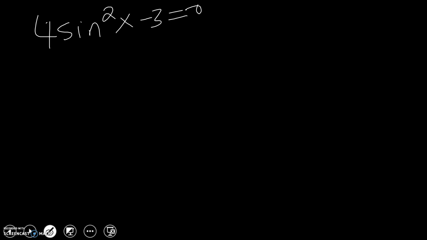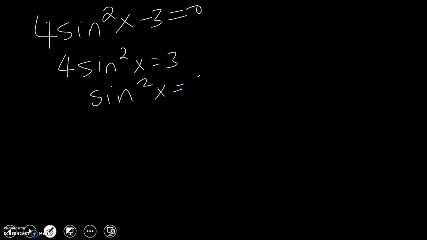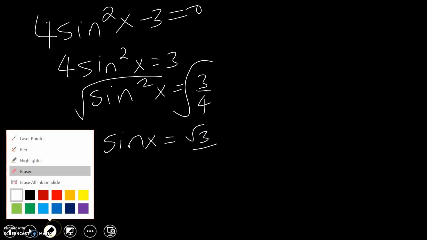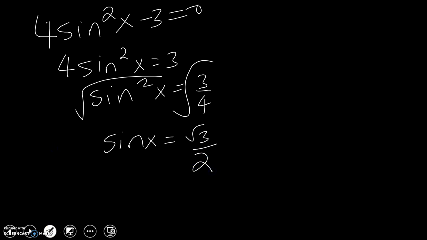Alright, so the first thing we need to do is to add 3 onto both sides. So we get 4 sine squared x equals 3. And then of course I'm going to divide both sides by 4, and I'm going to take the square root. So I get sine of x equals root 3 over 2.